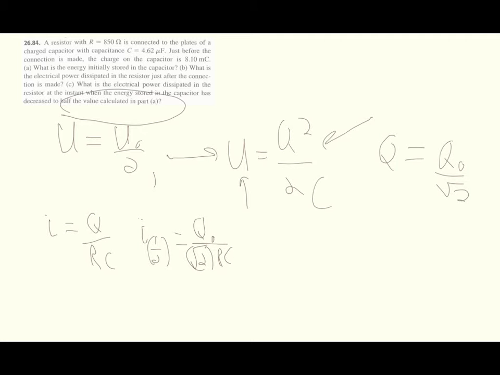So again, it's going to be smaller by a factor of √2 than what we expected for the answer last time. Before, it would have just been Q naught divided by RC.